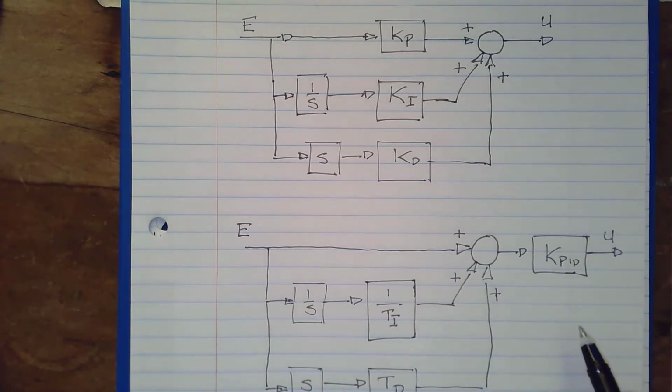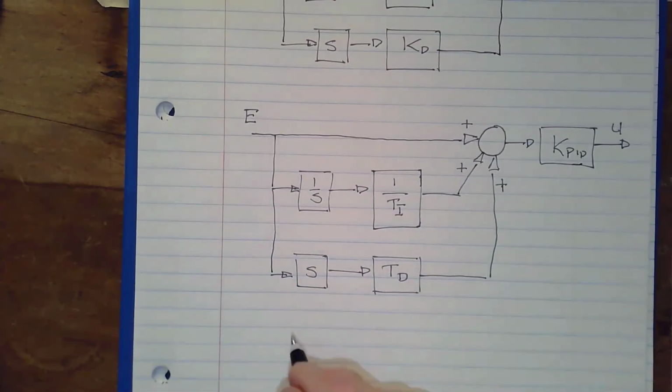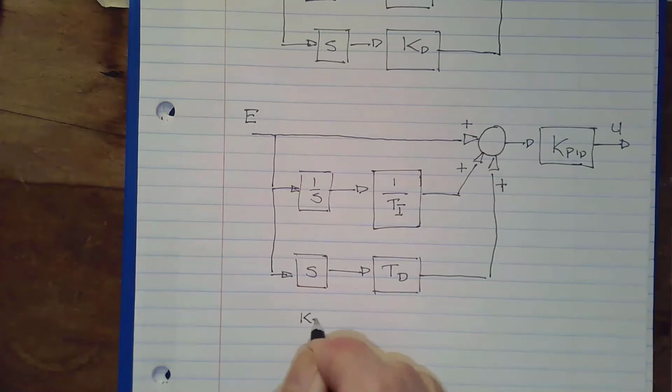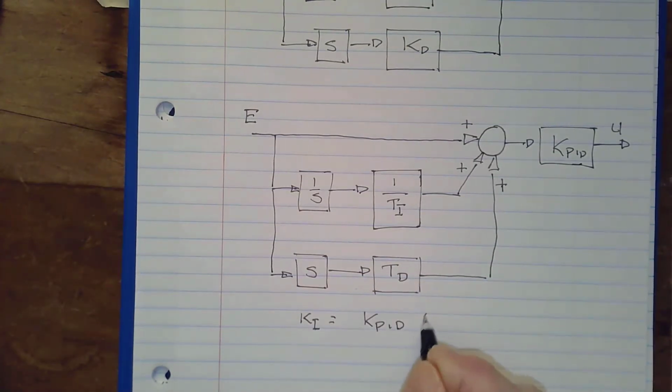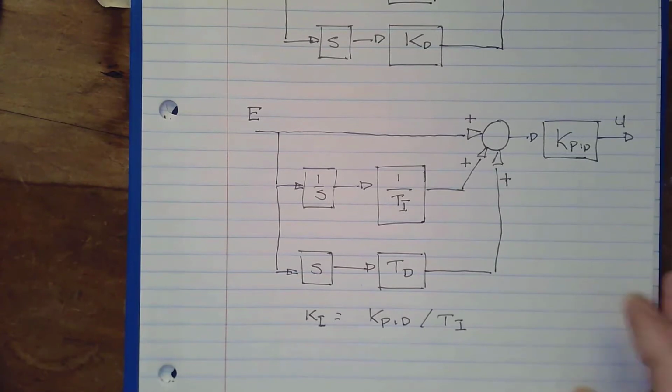So one thing that we can say here then is that KI is equal to KPID divided by TI, because the same thing happens to those two signals if we look at the two different versions.